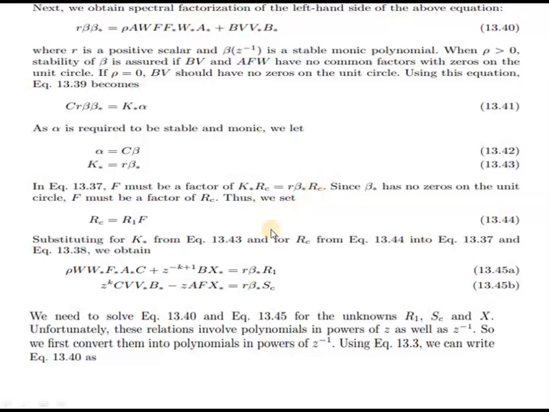To represent this relation, we have derived that rc equals r1 into f. Here we represent that f is a factor of rc. Now substituting for k star from equation 13.43, and for rc from this equation, into equations 13.37 and 13.38.